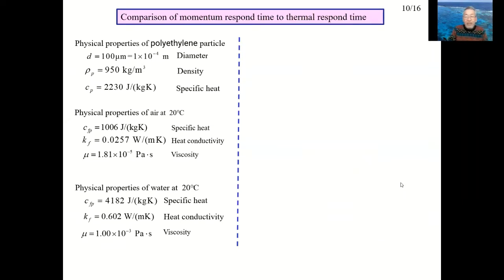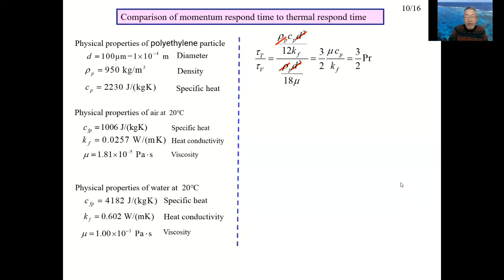The physical properties of particle, air, and water are shown in the left column. These physical properties are substituted into the equation for the response time obtained so far. Then the ratio of the thermal response time tau t and the momentum response time tau v is expressed by the top equation in the right column.